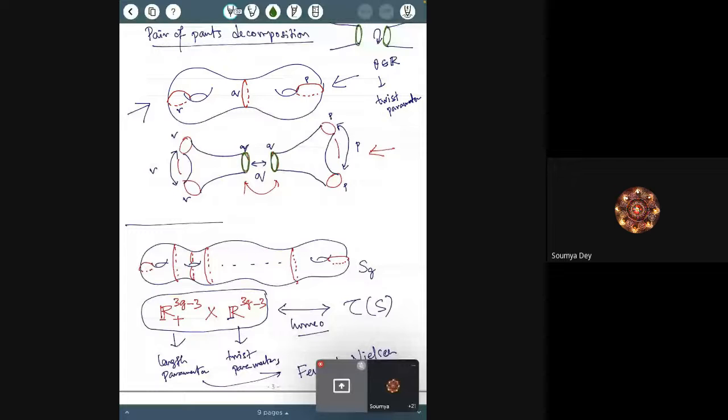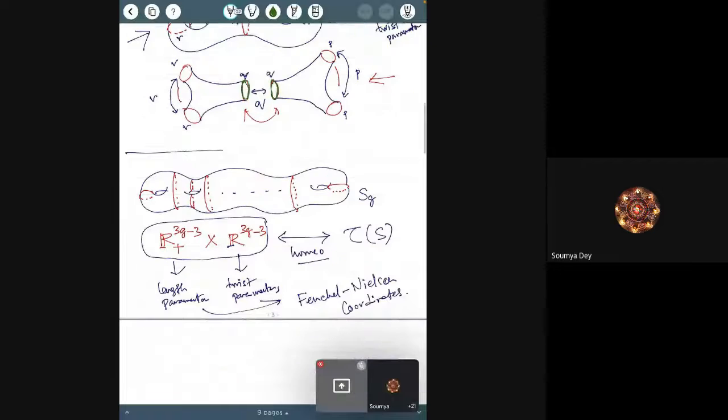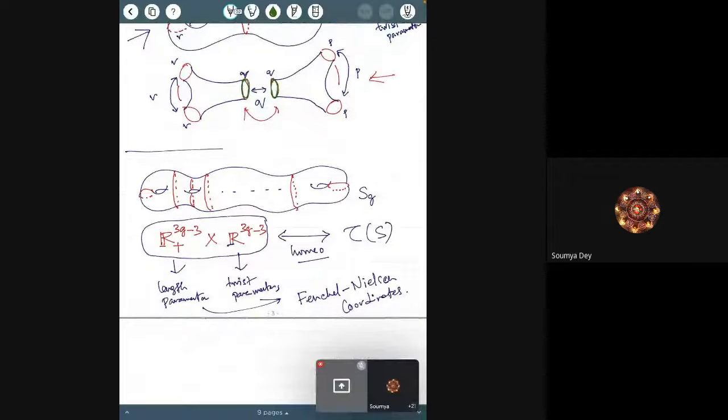The boundary components' lengths should match, and then you have a parametrization of all such hyperbolic structures, namely Fenchel-Nielsen coordinates.